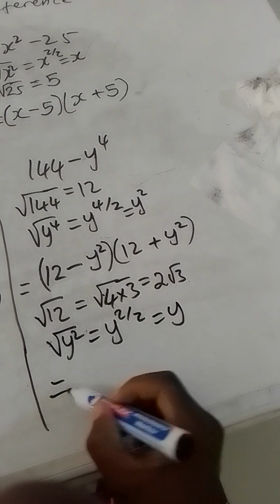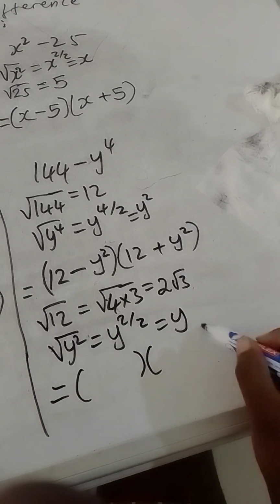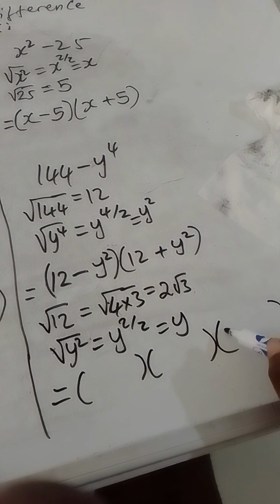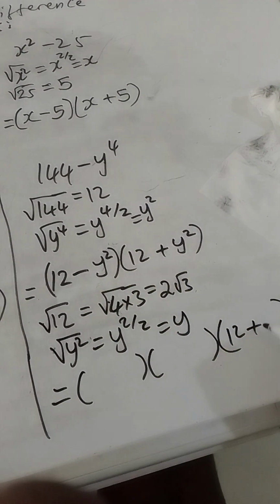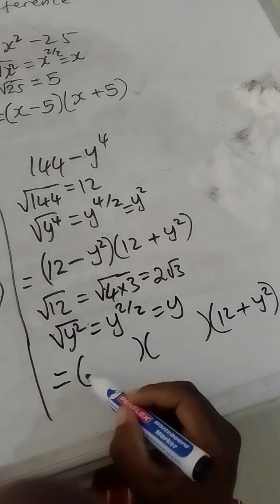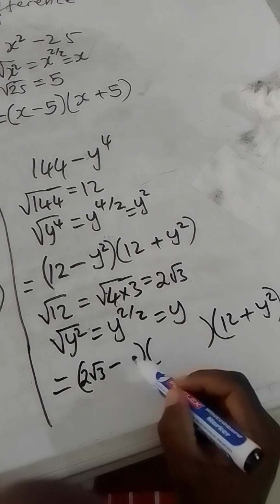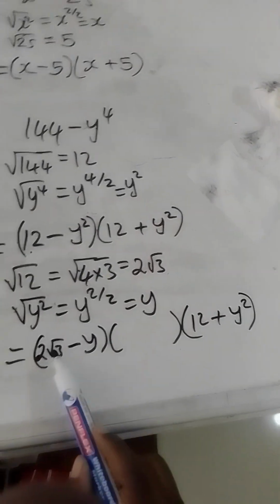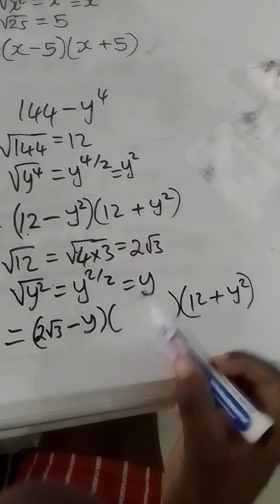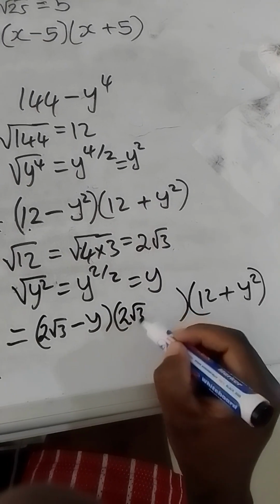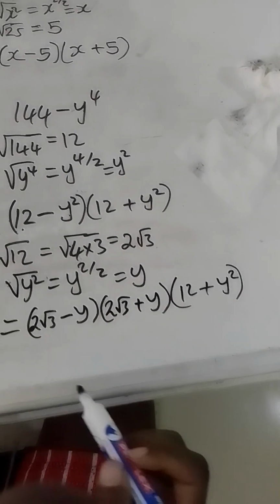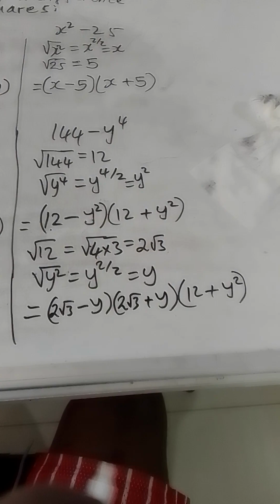And so the first bracket can be further factorized into, so here's the original, here's the other bracket that we can factorize, and this one will be what? 2 the square root of 3 minus y, because we are replacing this by its square root, which is 2 the square root of 3. We are replacing this by its square root, which is y. Then we get 2 the square root of 3 plus y. And so we have fully factorized.